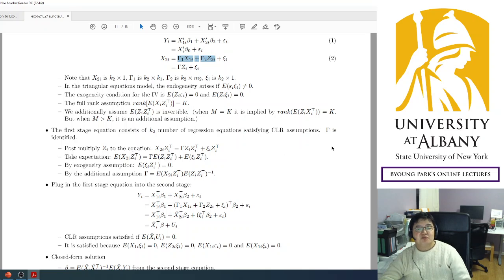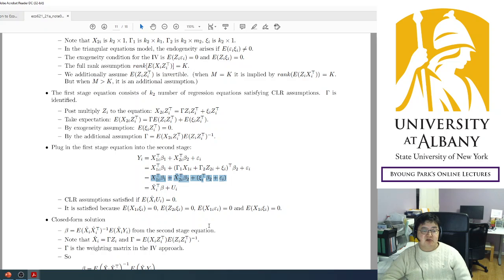We are going to use the fitted value from the reduced form equation of the first stage regression in the place of x2. So x2 hat will be used, and you identified x2 hat, so it's not a problem. Then beta 2 can be identified if this equation satisfies the classical linear regression assumptions, which it does because of this.